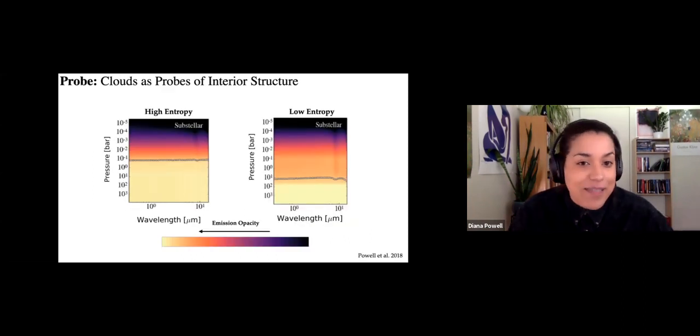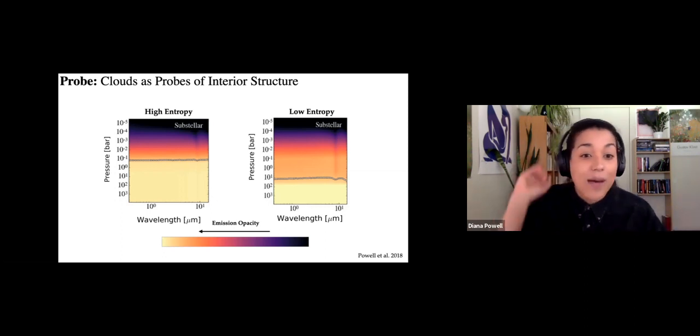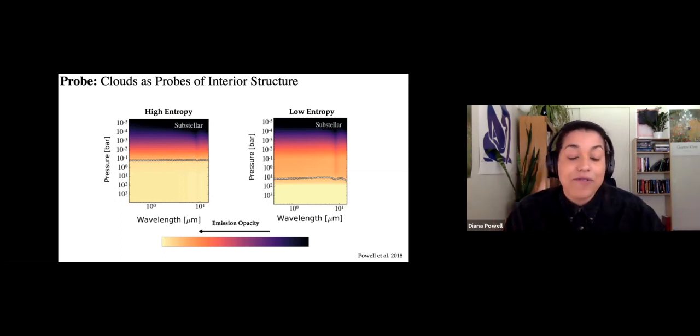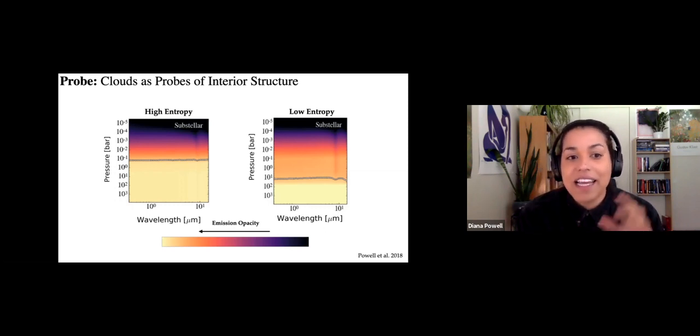And in addition to impacting spectra, clouds may also serve as probes of planetary properties, such as their interior thermal structure. So here I'm showing emission opacities as a function of wavelength and atmospheric pressure for a planet that has the same upper atmosphere thermal structure, but different internal thermal structures. And here the dotted white line indicates where the clouds become opaque.